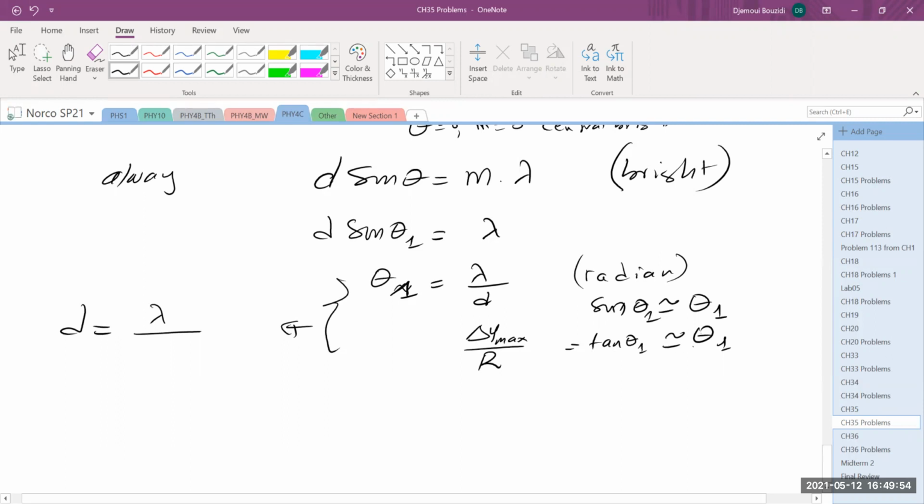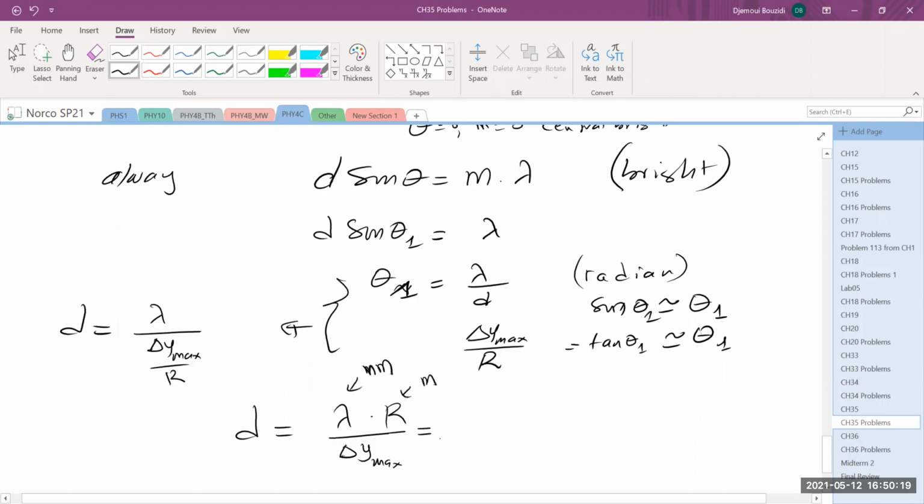And theta 1 in radians is roughly equal to delta y max divided by r. So from here, we have an expression for d, which is just lambda over the difference between them times the radius r. Let's make sure that everything is in the correct units, okay? This one was given in nanometers.